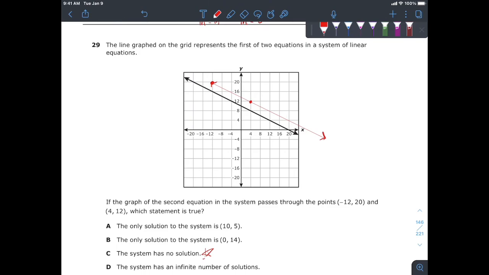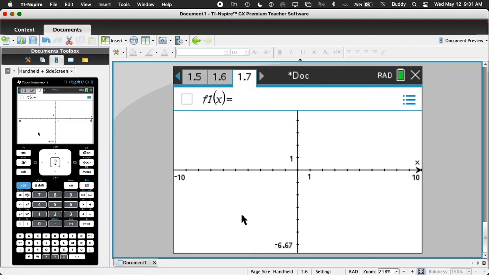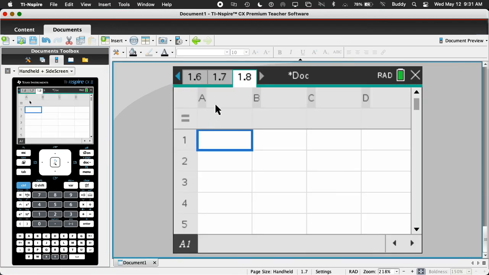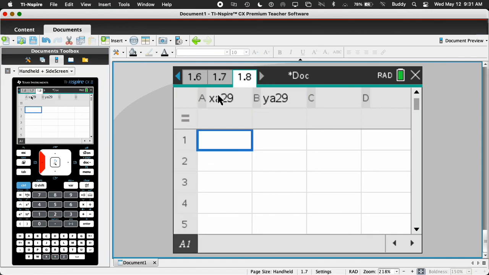So I can go ahead and run a regression and get both of these and then do a lin solve. So I'll take the first line. Let's go ahead and run a regression on that. Whoops. So these will be my x's from line A on number 29, my y's from line A on number 29.